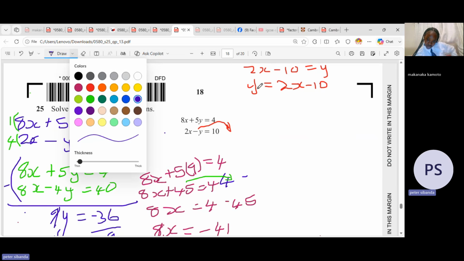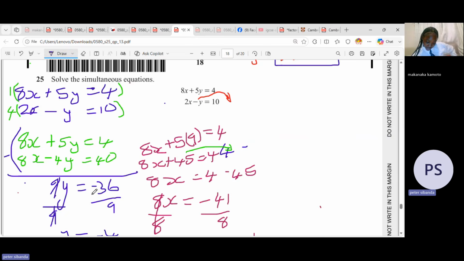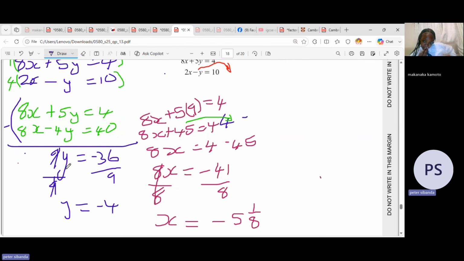So we have y being equal to 2x minus 10. In simultaneous equations, we have already used the method called elimination, which was eliminating one variable or unknown so that we remain with one. Why? Because that's when we can easily solve things. Remember, when it's now 9y equals minus 36, we now have an equation that involves one variable, y.